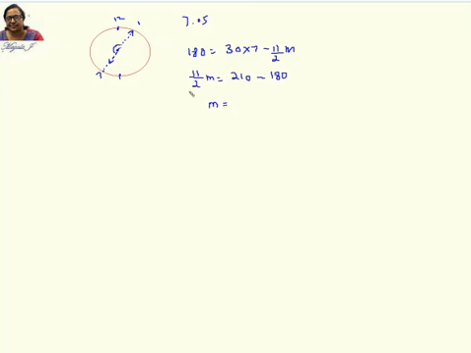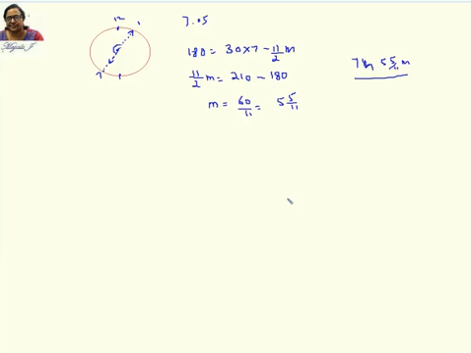And then 60 by 11, which is 5 by 11. Approximately, let's say 7:05, right? So it's exactly 7 hours, 5 by 11 minutes. It's going to be a straight line. That's your answer.